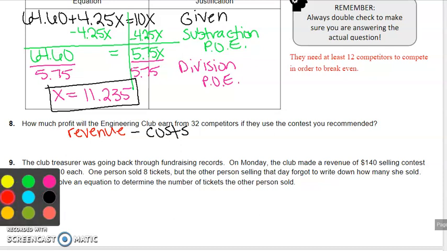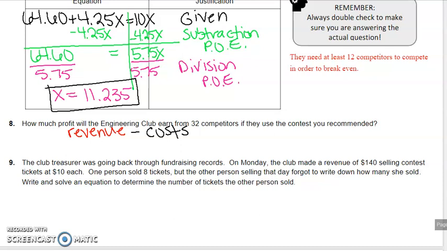Okay, our revenue is how much money that we're going to make. So if you remember correctly, we would make $10 per person, and they're telling us we're going to have 32 competitors, and we need to subtract how much money this is costing us for 32 people to compete. So that's going to be $64.60 plus the $4.25 per person, and there's 32 people.